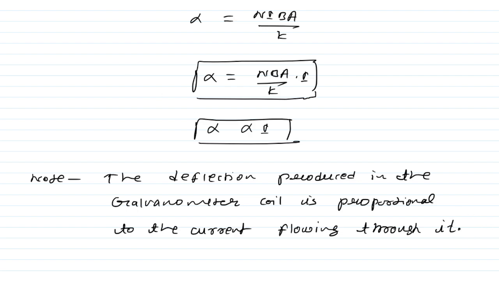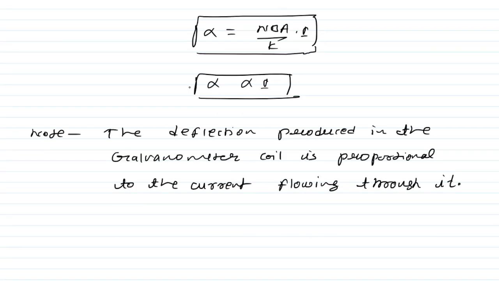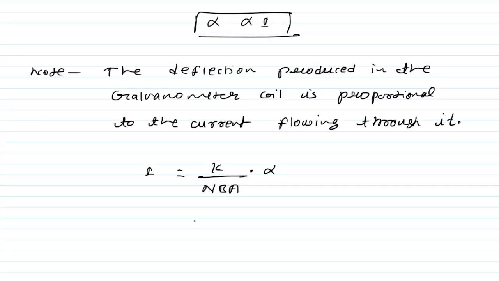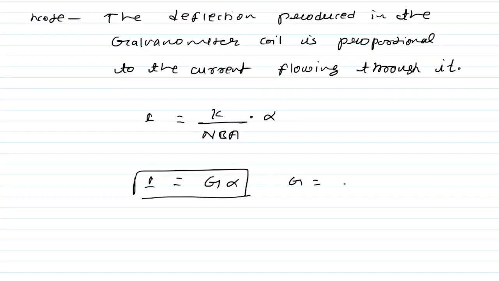If the current changes, the amount of deflection will also change. From this equation, current can be written as K divided by NBA into alpha, and this K by NBA we call G, where G is equal to K upon NBA.